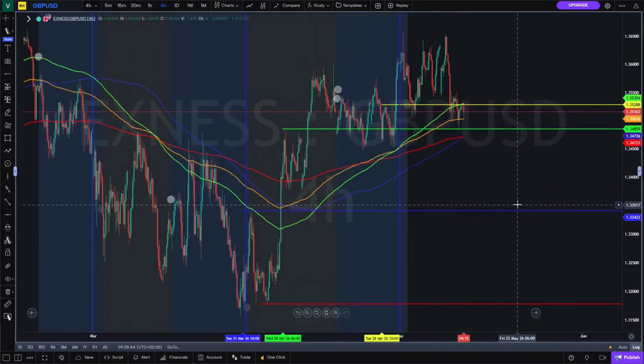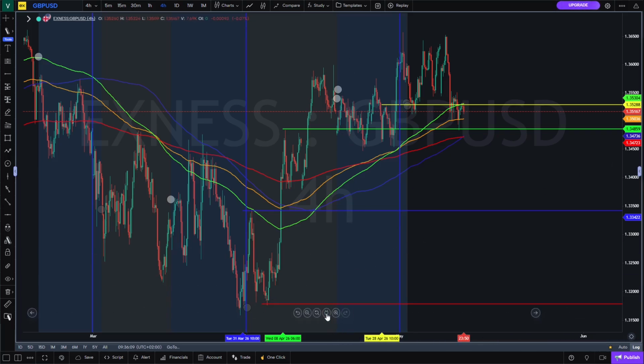So this gives you the edge not to blow accounts while trying to catch market shifts, and it just cuts out the noise. It just cuts out those fake breakouts. So traders, don't guess this move, wait for confirmation, because that's the difference between getting profit and getting stopped out.